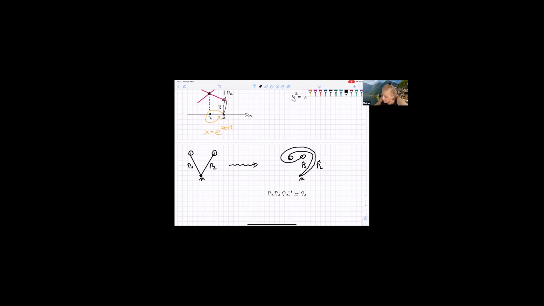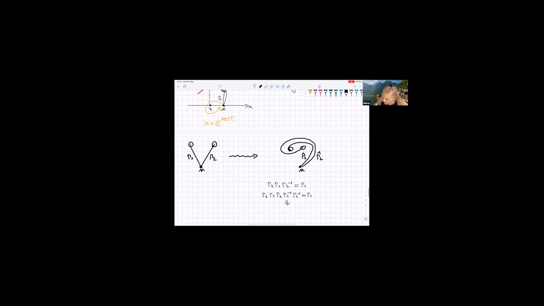And for the second loop, if we walk on it, we get gamma 2 gamma 1 gamma 2 gamma 1 inverse gamma 2 inverse is gamma 2. And you can see that we get the commutation between gamma 1 and gamma 2. It's a very nice exercise to do it also for the other cases.